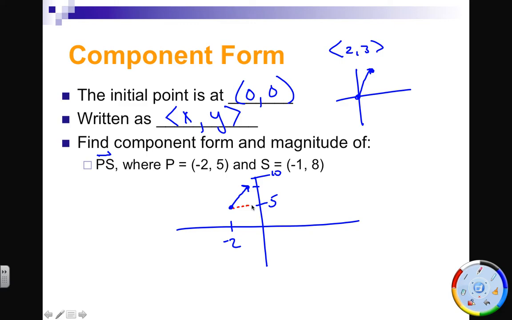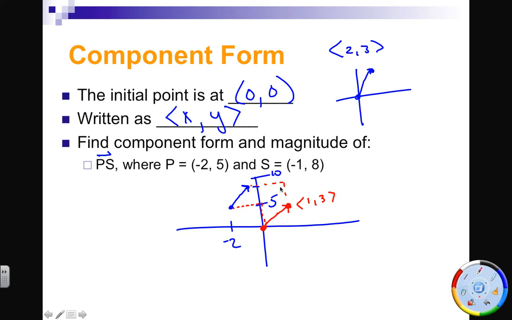So I need to move it to the right 2 and down 5. So I have to add 2 and go down 5. Well, I would have to add 2 and go down 5 as well for that new point. Well, adding 2 is going to be 1, and going down 5 is going to be 3. So that means this vector is the vector 1, comma 3.